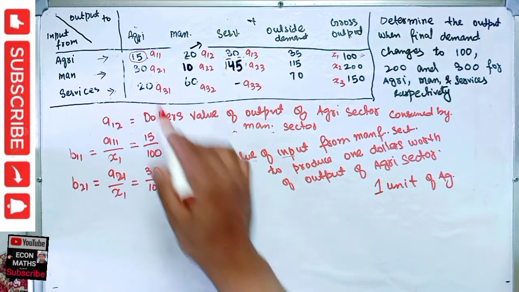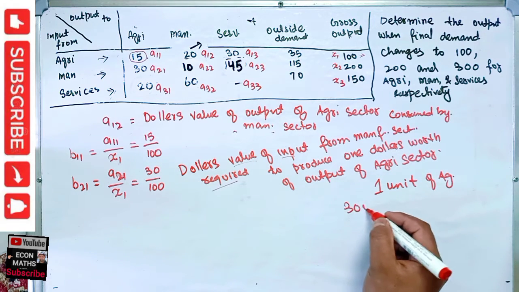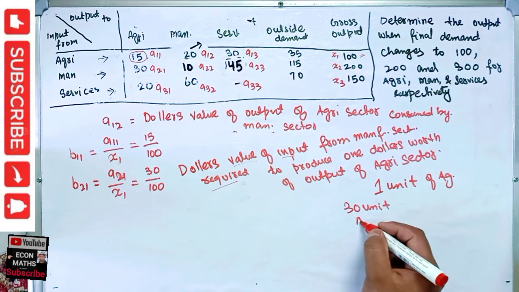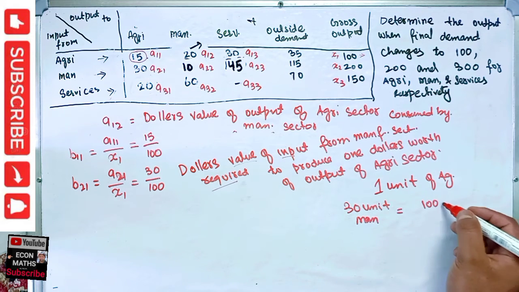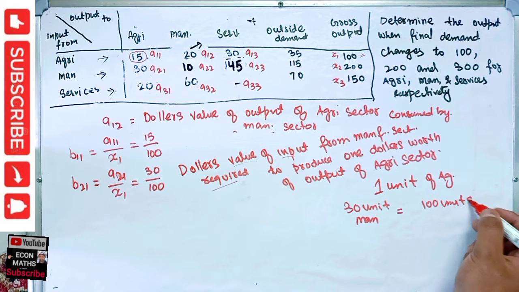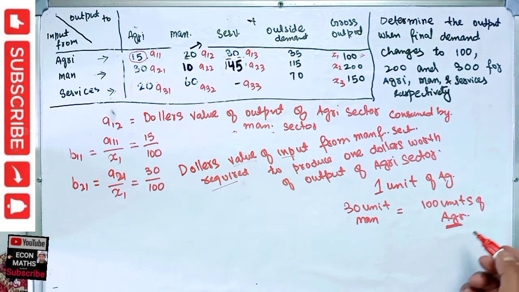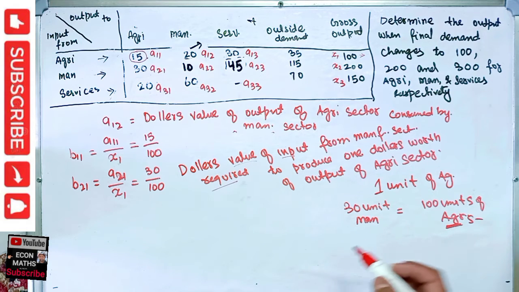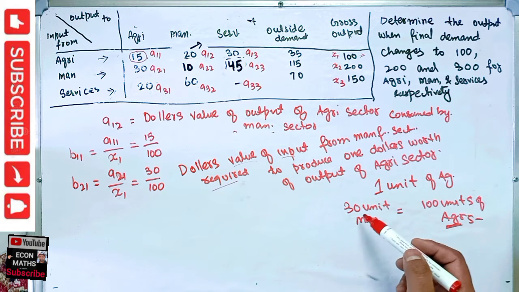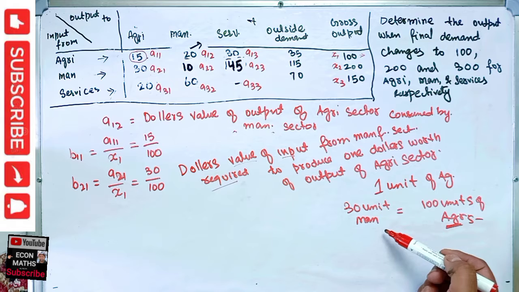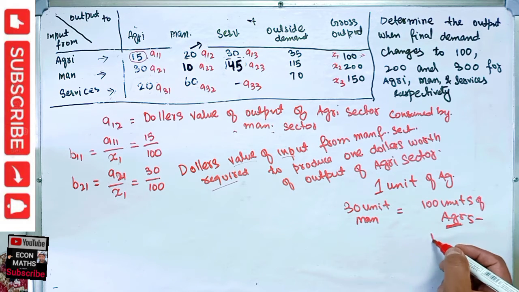That is, we can see here 30 units of the manufacturing sector are used to produce 100 units of the agriculture sector. So in 100 units of output produced by the agriculture sector, 30 units are being used from the manufacturing sector.